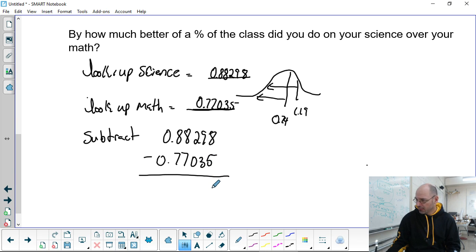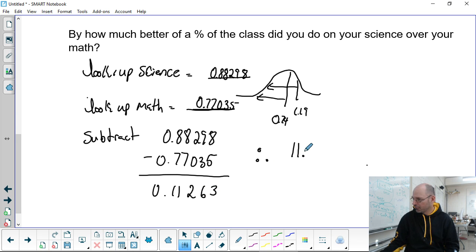So this is going to be 0.11263. So therefore, you can say that you had an 11, and we'll just round it off to 11.3% better result in science.